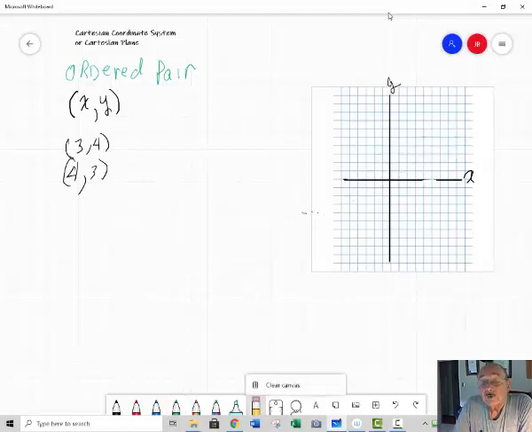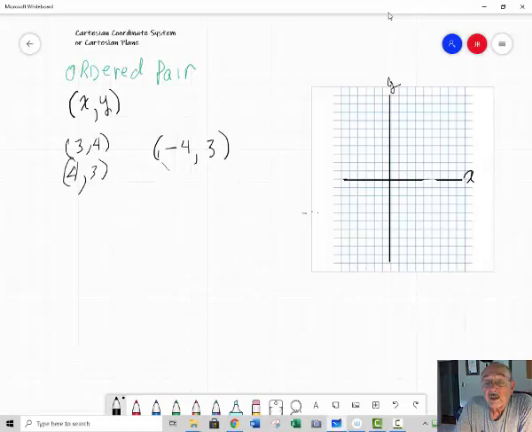Okay, so we've got our points 4, 3, and 3, 4. Let's suppose that I want to locate the point -4, 3. In that case, what I would do is come back, and this is the negative direction on the x-axis.